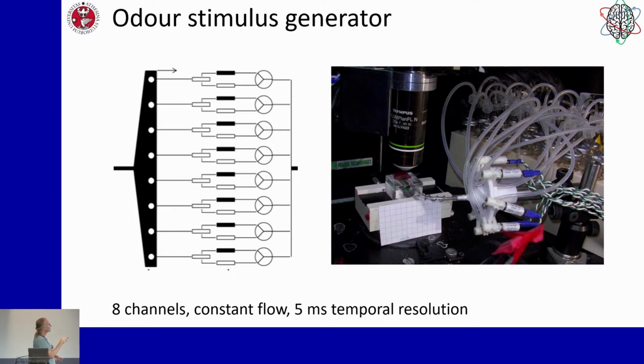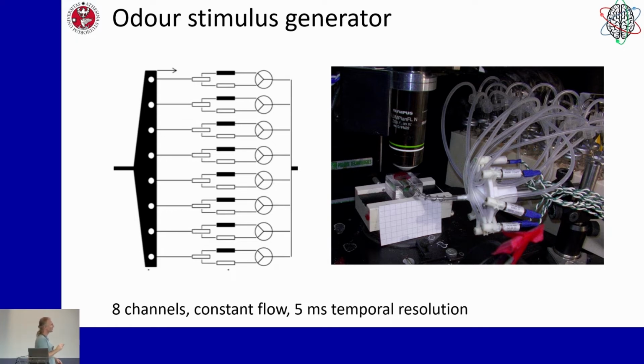Each of these switches between an odor-filled vial and an empty vial, and this we need because at the end the output flux here is always the same, independent of which of the channels we switch to odor. So we have now the possibility to have 8 single odor components or an arbitrary mixture of those.